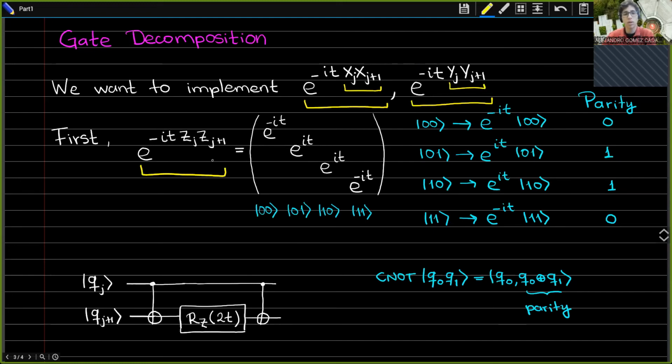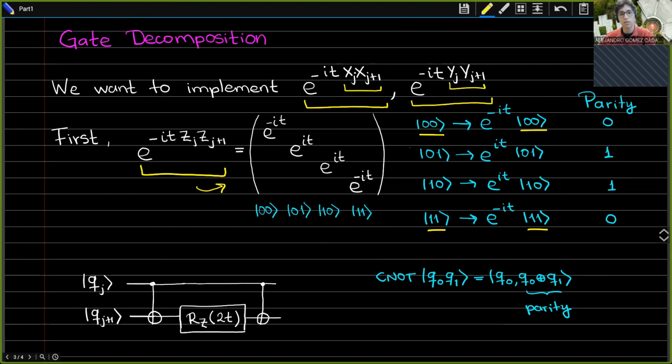So we can go to the matrix form of this exponential, the exponential of minus i t ZZ, and it has the following form. It has a diagonal structure, and we can notice that, for example, the state 0, 0 is transformed into 0, 0 as well because it's diagonal, but the phase has a minus sign. For the state 1, 1, the phase is the same as in state 0, 0.